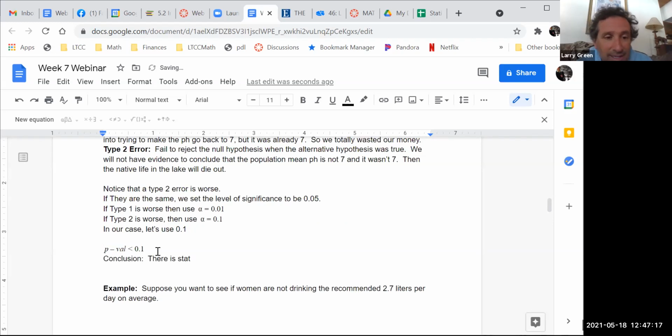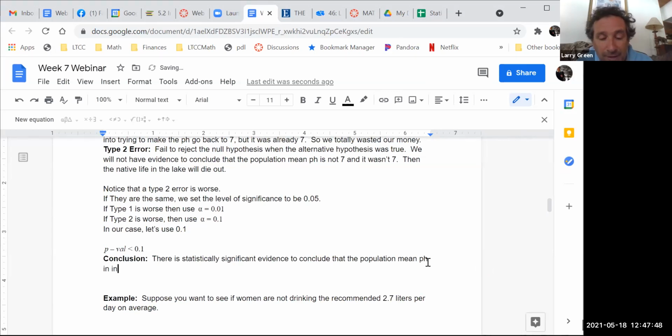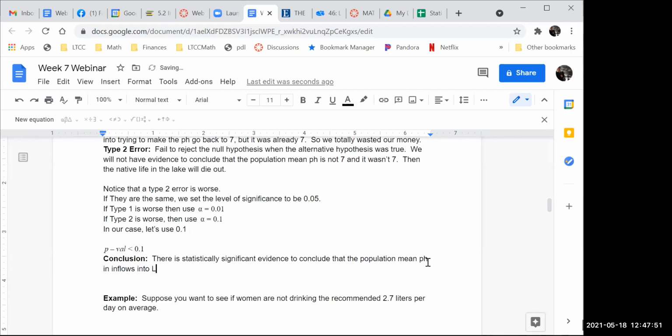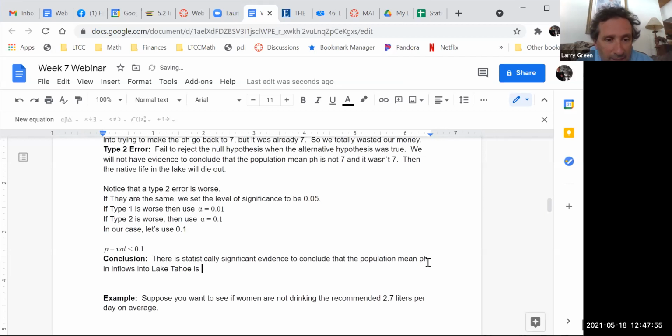There is statistically significant evidence to conclude that the population mean pH in inflows into Lake Tahoe differs from 7.